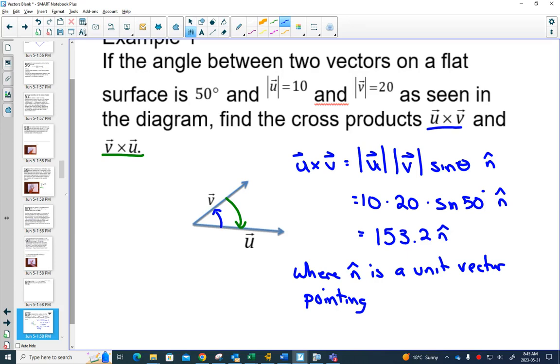We have to figure it out: if I'm going U cross V, with my right-hand rule, I can go like this and see that it's pointing outwards. If you think about taking a cap and turning it in that blue direction, it would loosen. And if it's loosening, it's coming out. So we have some way of saying this idea that it's coming outwards.